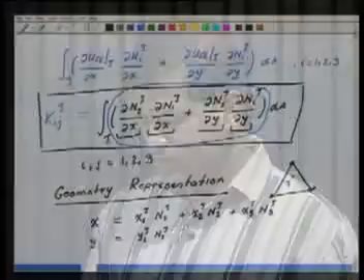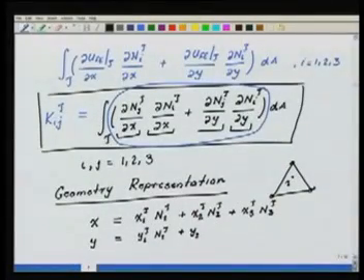Similarly, y is equal to y1 tau n1 tau plus y2 tau n2 tau plus y3 tau n3 tau.